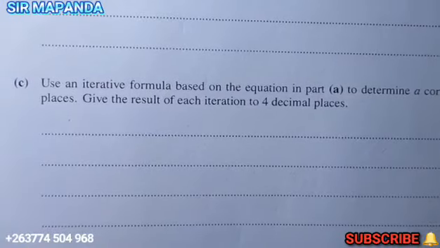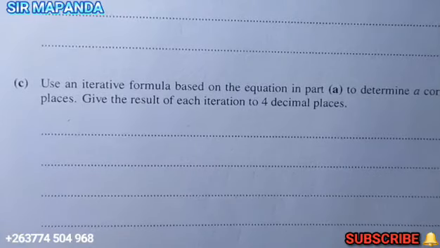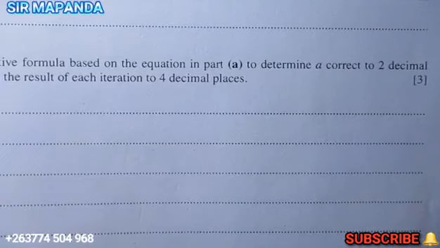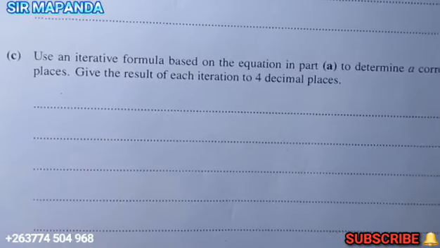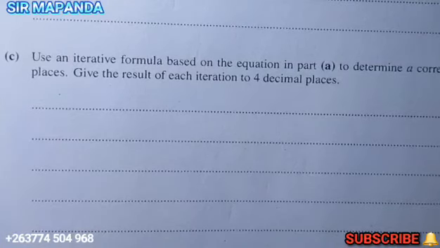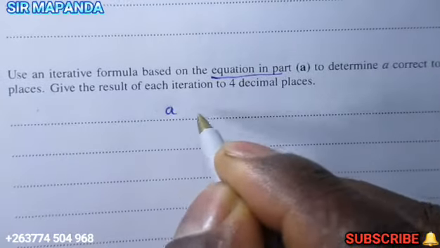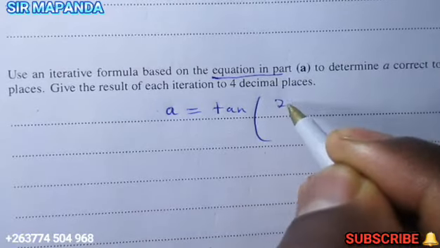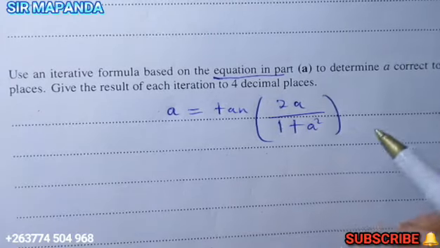Right, we are now moving on to part C. It reads, use an iterative formula based on the equation in part A to determine a correct to 2 decimal places. Right, give the result of each iteration to 4 decimal places. Right, so the equation in part A is the one which is a is equal to tan, open bracket 2a divided by 1 plus a squared.